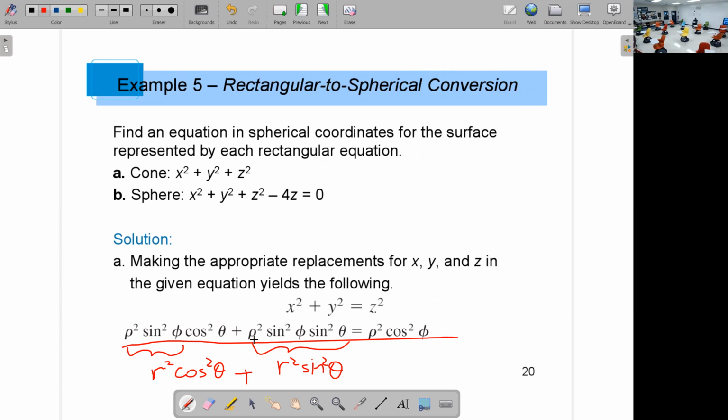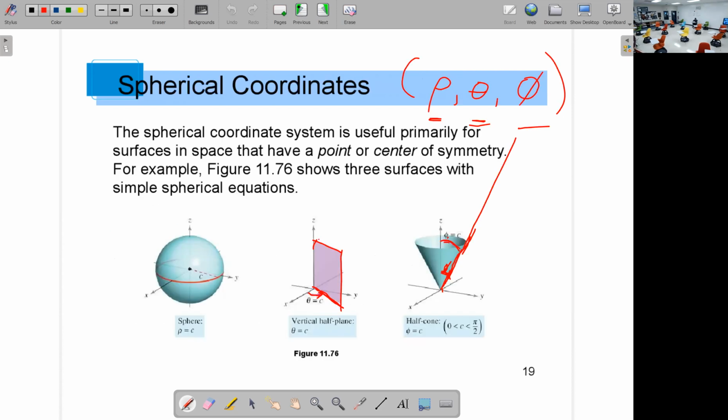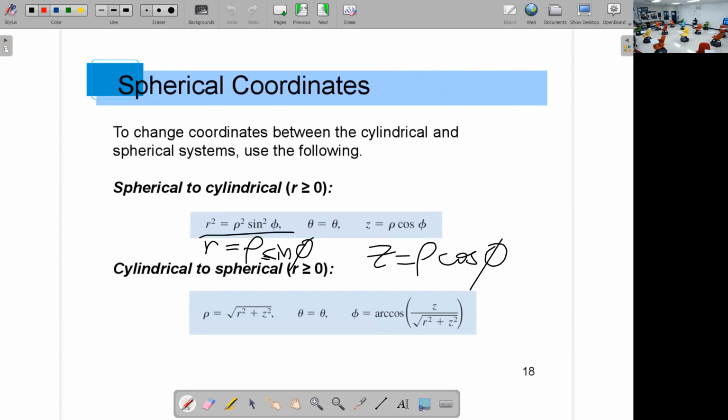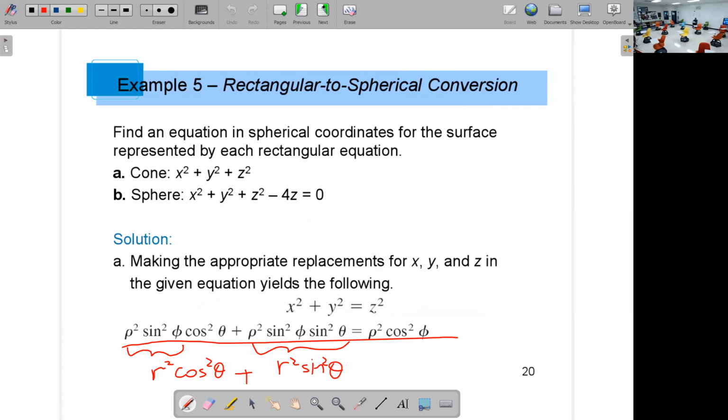Wait, is that right? What did I have as my r? Yeah, r squared is the square root of rho squared sine squared phi. That's for converting from rectangular to spherical, right? Yes, rectangular to spherical.